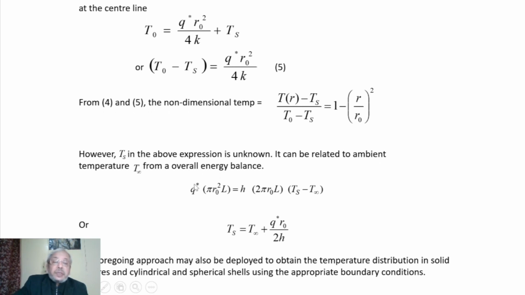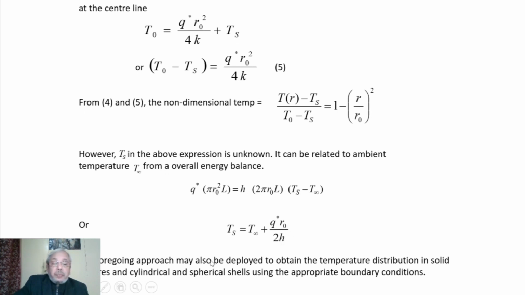Q star, the uniformly distributed volumetric heat source, into the total volume, pi R naught square into L, equals h, the heat transfer coefficient, into the outer surface through which heat transfer is taking place, twice pi R naught into L, multiplied by Ts minus T infinity. So from here we get Ts equal to T infinity plus Q star R naught by twice h.